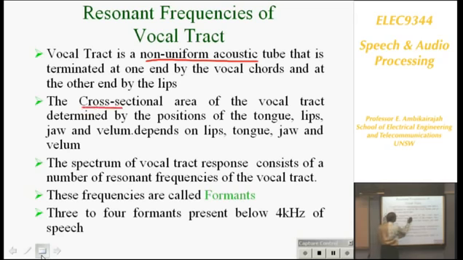The cross-sectional area of the vocal tract is determined by the position of the tongue, lips, jaw, and velum. It depends on the positions of those articulators.